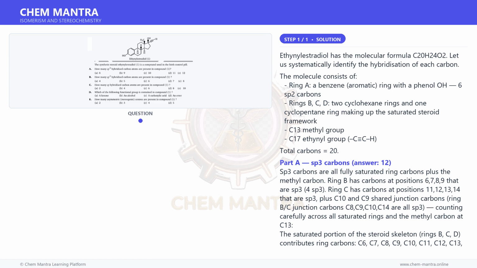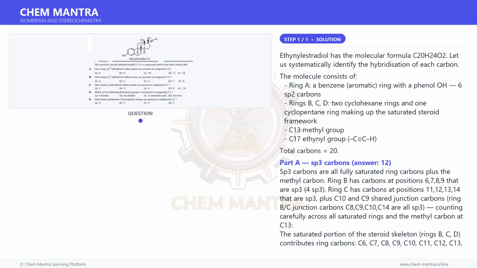Part C, sp carbons. Answer, 8. The ethynyl group, CCH, contains 2 sp carbons. But the answer given is D, 8. This is very surprising if taken literally, as sp carbons is equal to 8. However, rereading, option D is 8.